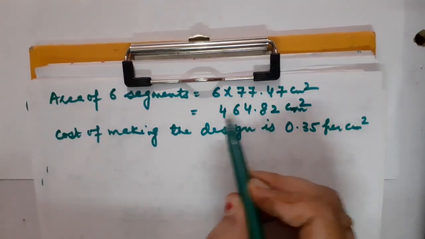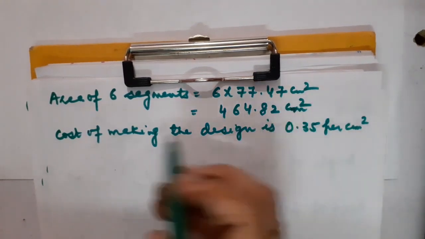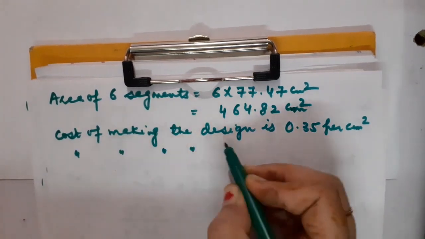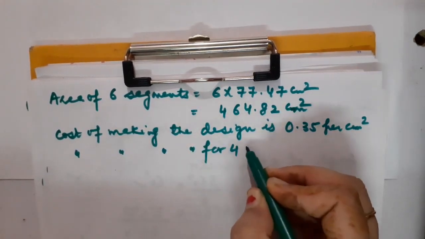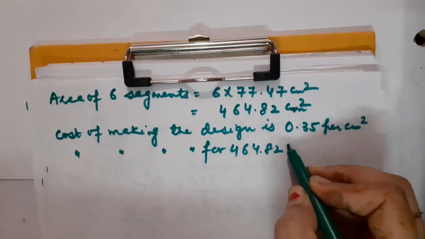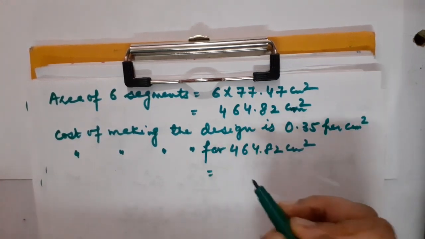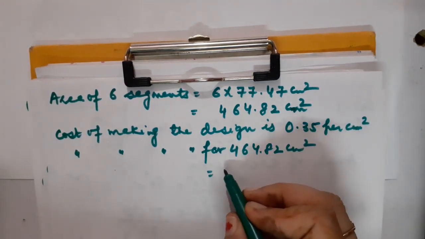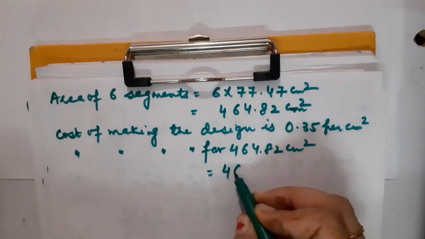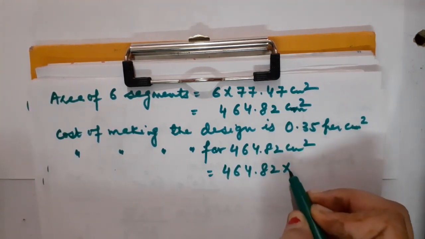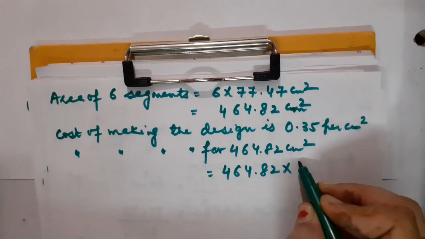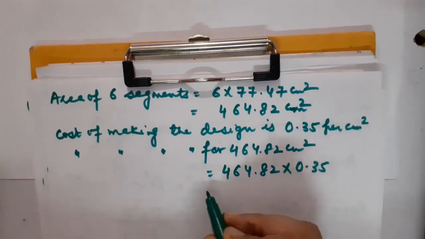So we will have to calculate the cost for this much square centimeter. So cost of making the design for 464.82 square centimeter. So definitely it will be multiplied because the cost will be more. So the total cost will be 464.82 into 0.35. Correct?